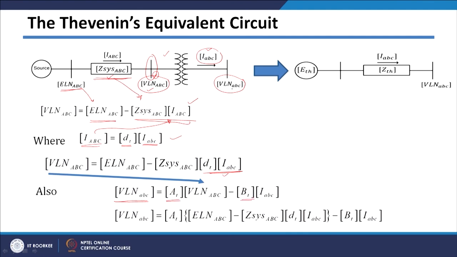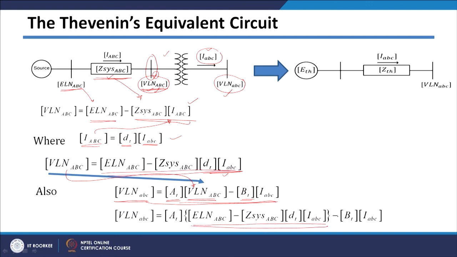So, this voltage VLN ABC will be equal to the AT matrix multiplied by this voltage minus BT multiplied by the line currents. So, basically we get this equation here, and in this equation, whatever VLN I obtained earlier I can put it here, instead of VLN ABC I can put this term here.